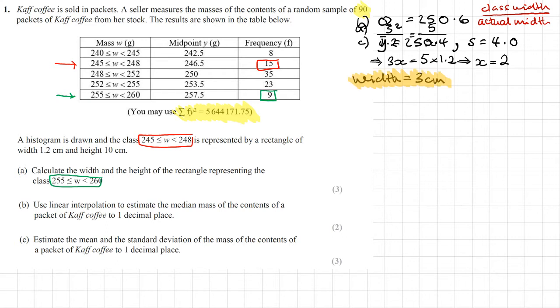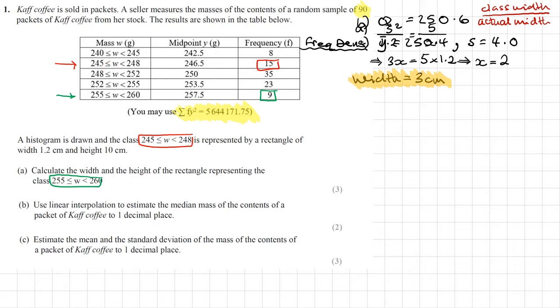Now I'm going to do the same type of ratio calculation for the heights of the bars. I've got the actual measured height, but I don't have the frequency density, which is going to give me the height I'm using. Remember, to find a frequency density, we do the frequency, which is proportional to the area, divided by the width.